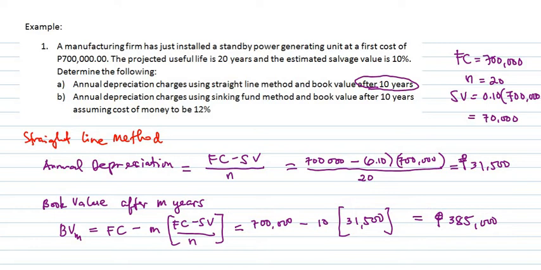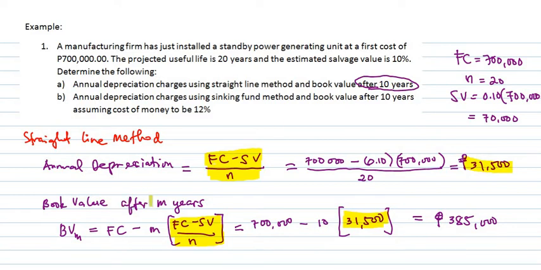Okay, so take note of this one. This is our annual depreciation. So this is also our annual depreciation when we compute our book value. So whatever the value of our annual depreciation, where in this case we have 31,500, then this is also 31,500. So we simply multiply this to 10, wherein 10 is the book value after 10 years.